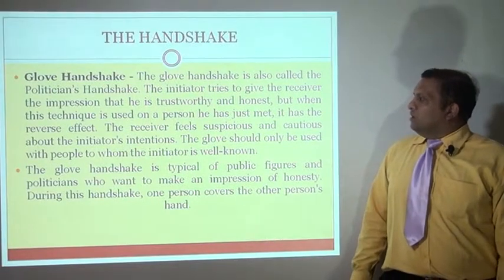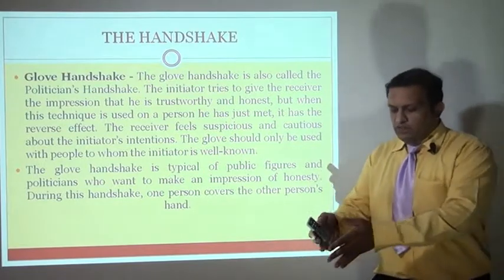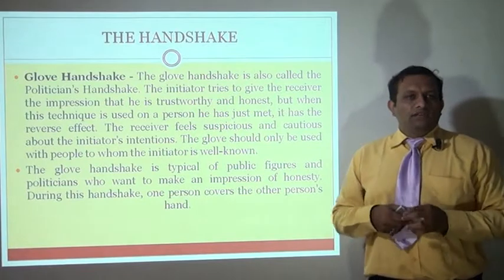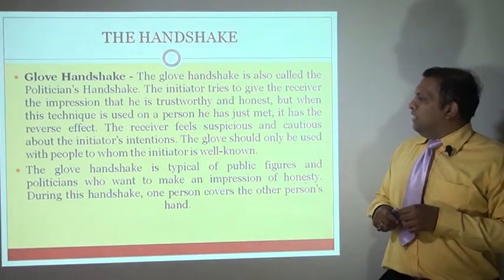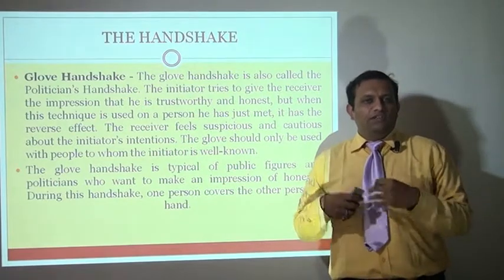Glove handshake. This handshake, as I told earlier, is to have both your hands on the other person's hand. This is a sign of cooperation, and a sign that you are trying to be trustworthy and affectionate towards the person.